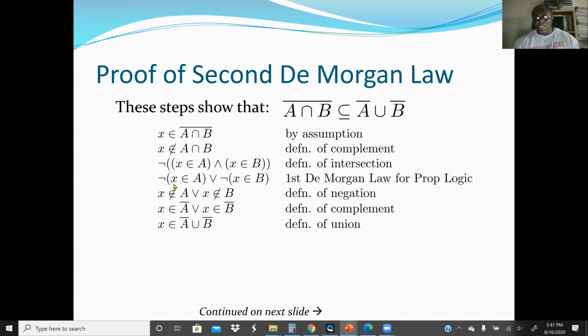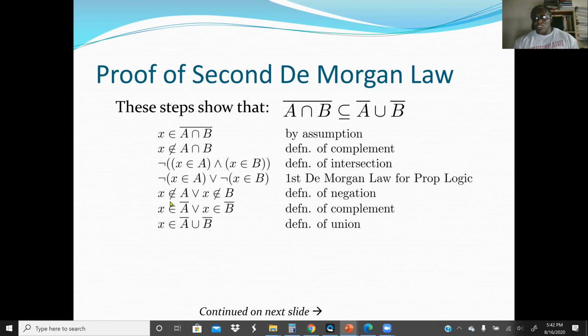Then we say not S belongs to A or not S belongs to B. We open the parentheses: not (S belongs to A and S belongs to B), so we make it separately.